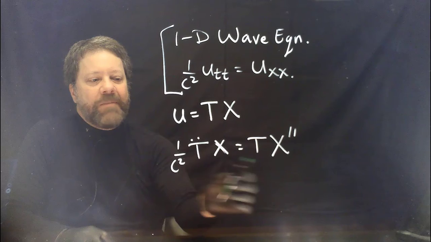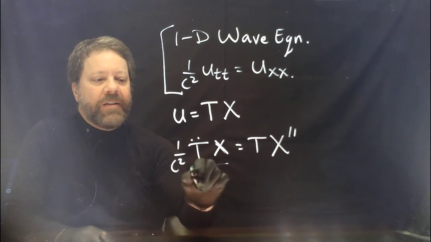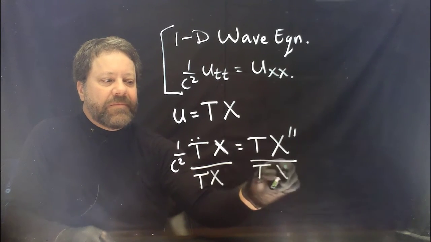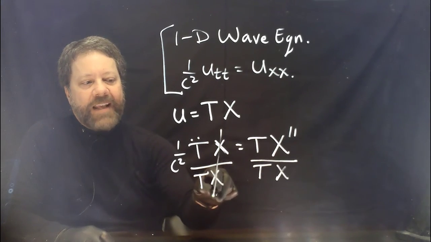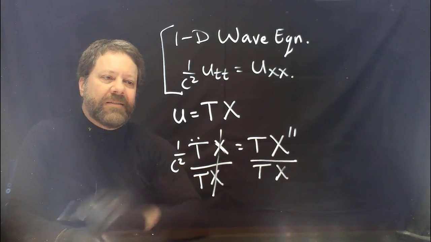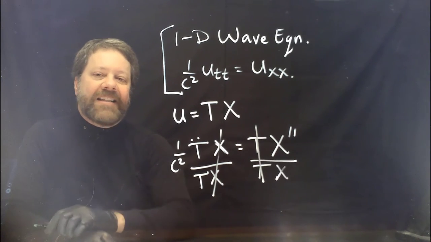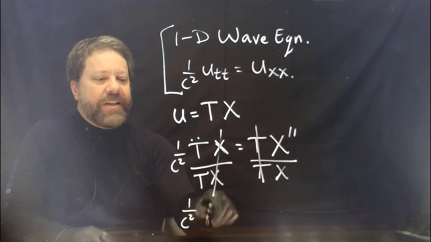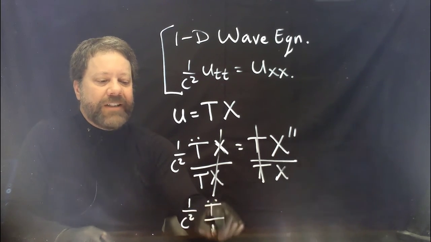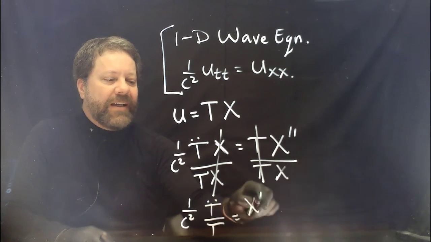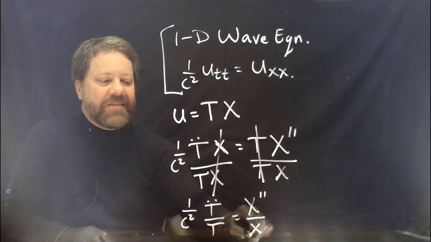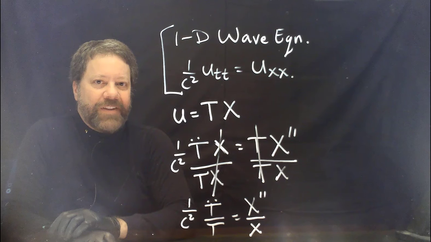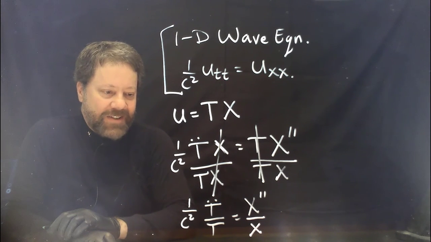Now, if we divide both sides of this equation by TX, you can see on the left-hand side the X's cancel out. On the right-hand side the T's cancel out. And we're left with this very simple equation, 1 over c squared T dot dot over T equals X prime prime over X.